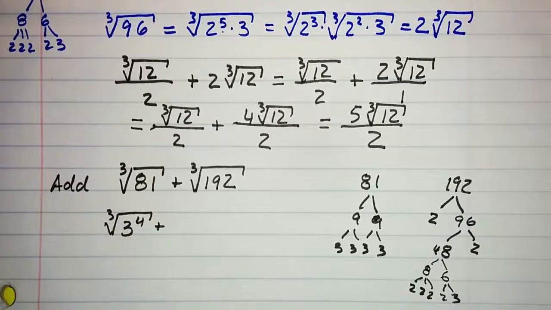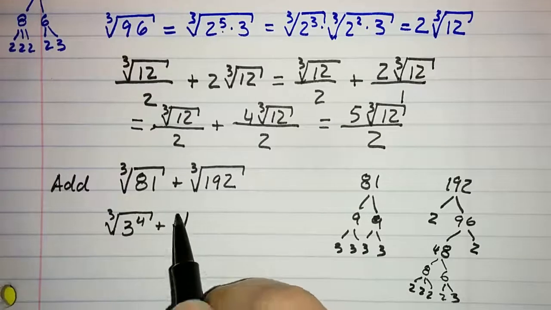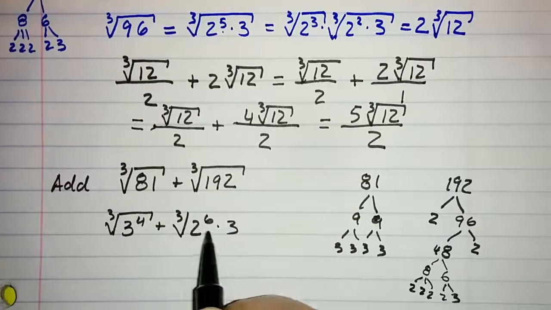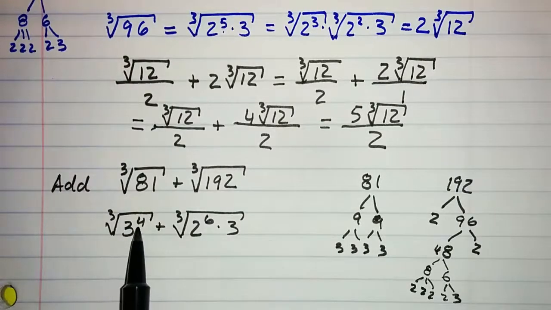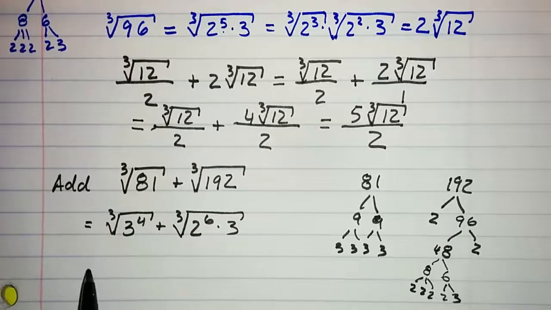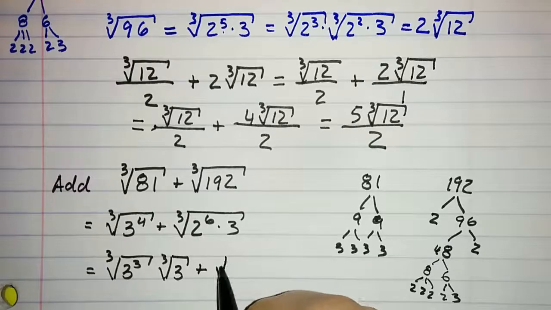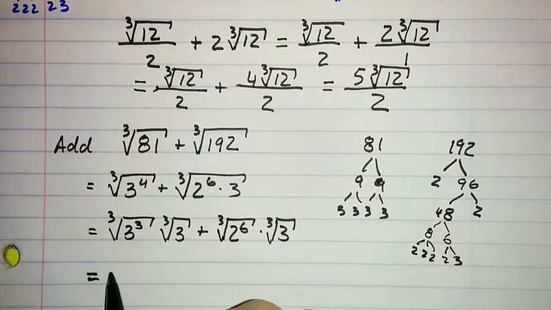So, gosh, that's a lot of 2's. 1, 2, 3, 4, 5, 6 2's. And just the 1 3. Okay. Multiple of 3 that's closest to 4 is just 3. 6 is a multiple of 3. Cube root 3 is just 3.